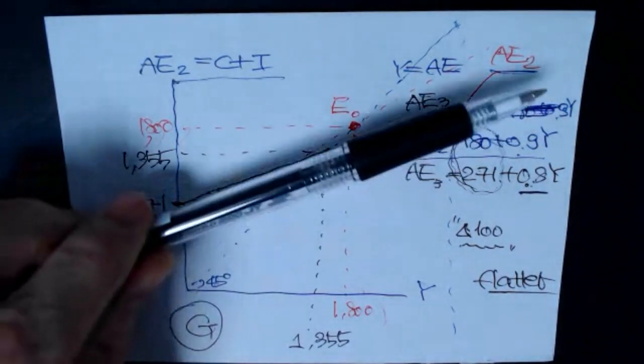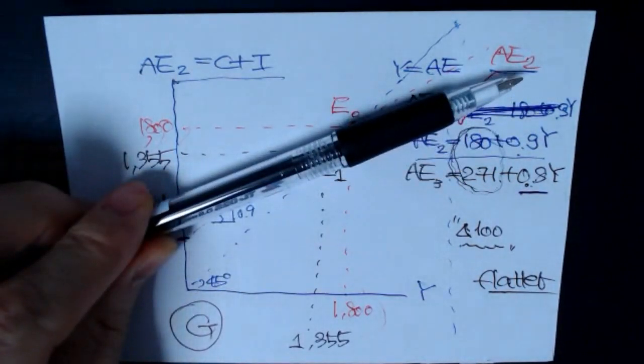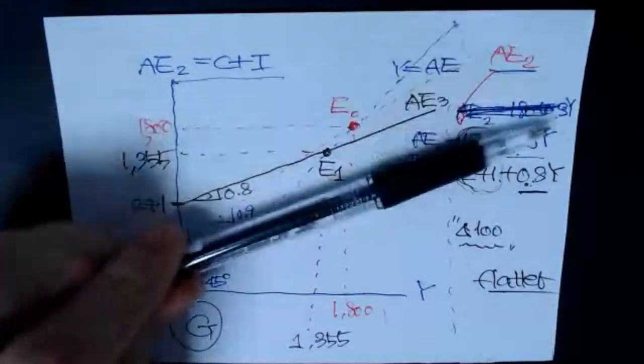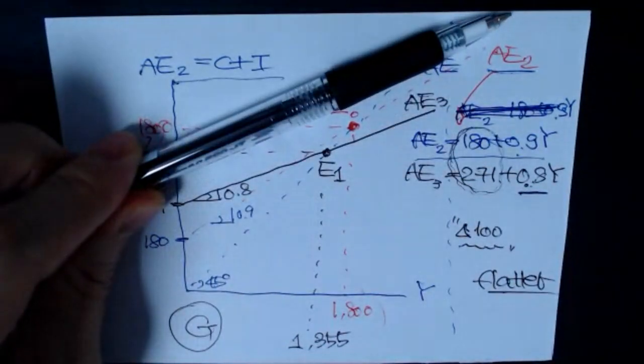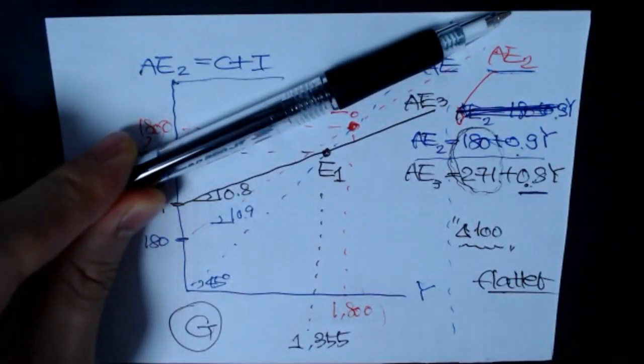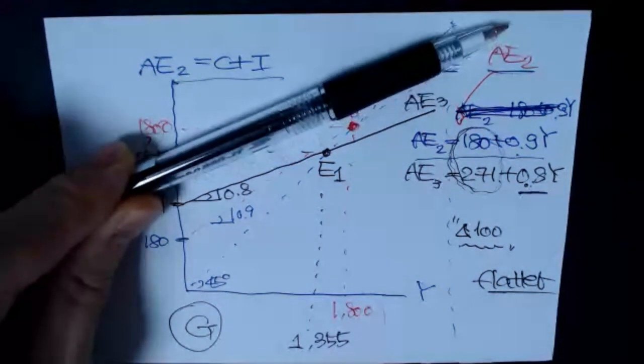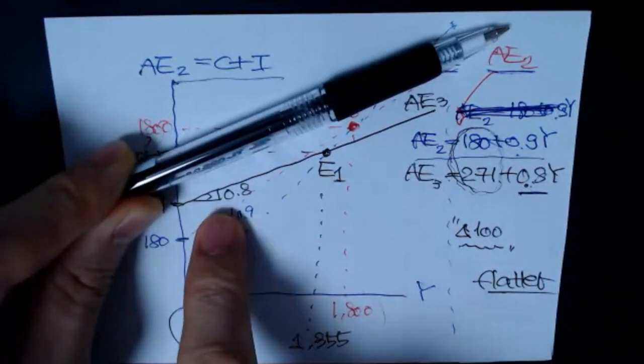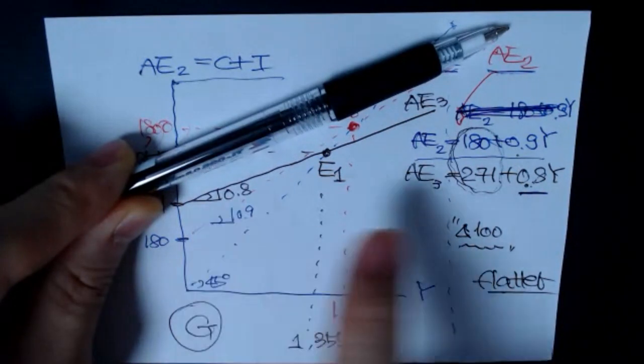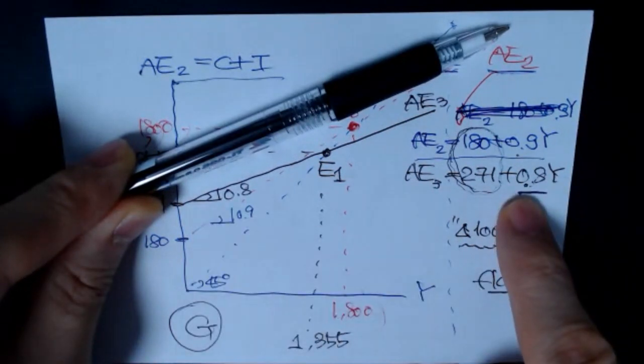Positive G makes aggregate expenditure shift up. But because of paying tax, they shift up somehow deducted by the tax paid. Also, paying tax makes households spend less.